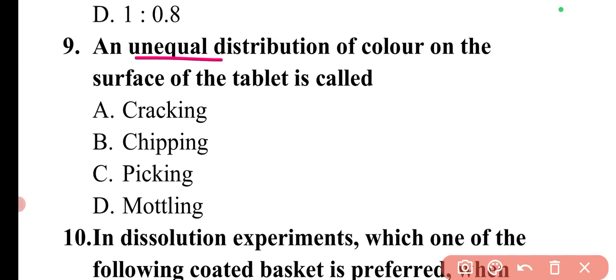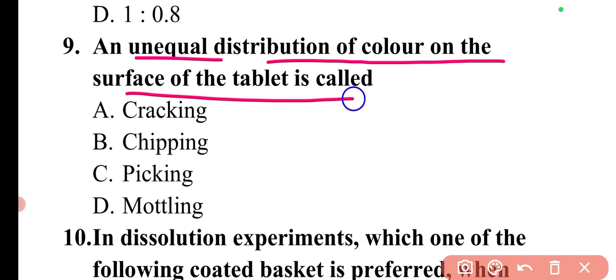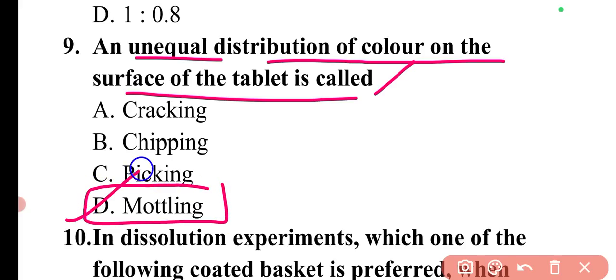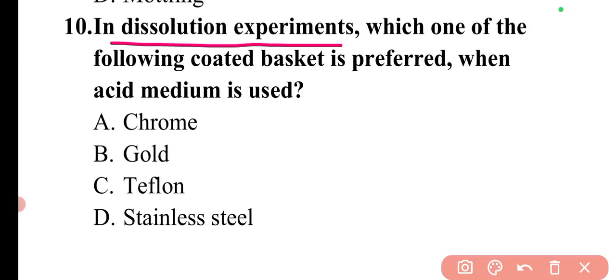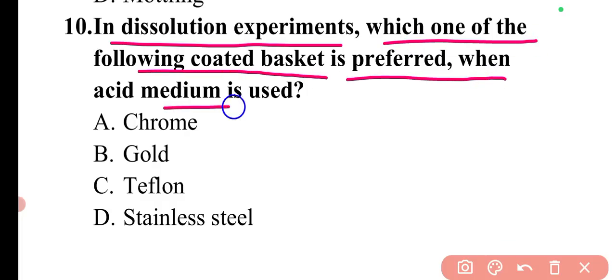Next question is an unequal distribution of color on the surface of tablet is called. It is also a tablet defect in which there will be unequal distribution of color on the tablet surface. So this defect is known as mottling. So your option D is correct. Next question is in dissolution experiments, which one of the following coated basket is preferred when the acid medium is used?